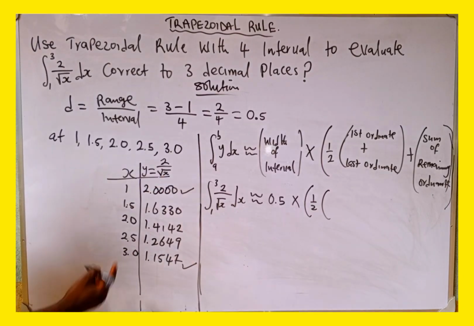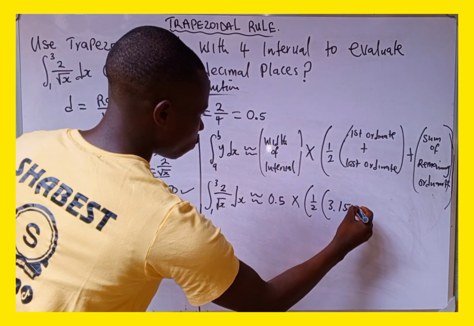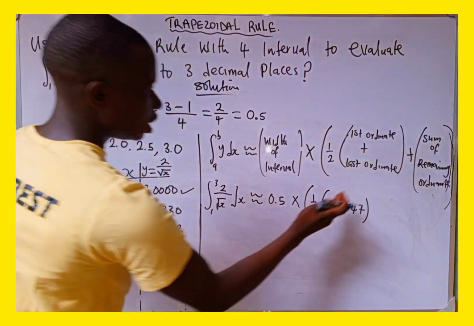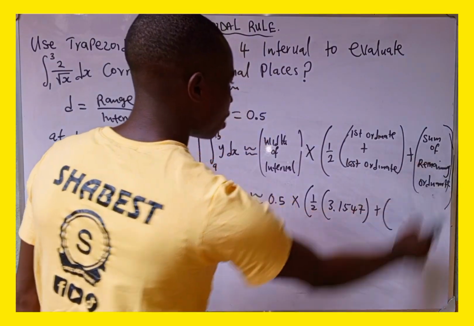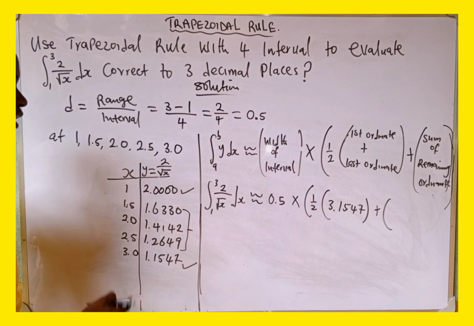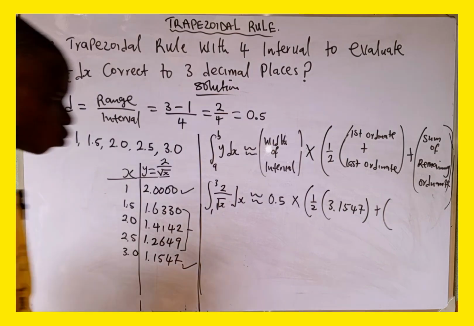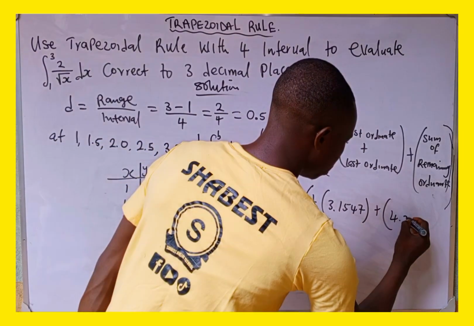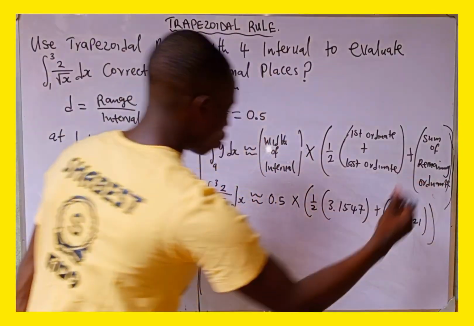If you add them together, we have 3.1547. Then plus, you open another bracket, the sum of the remaining ordinates. If you add them together, we have 4.3121. So this is the sum of the remaining ordinates.